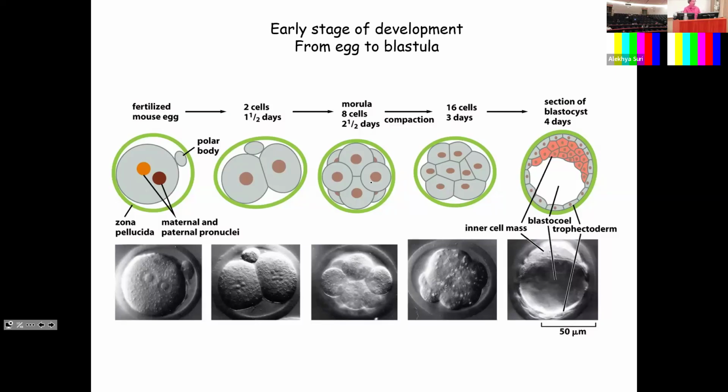It'll be smaller, but it'll be a whole embryo. Then it goes into 16 cells, and you can observe that the size of each cell gets smaller and smaller.